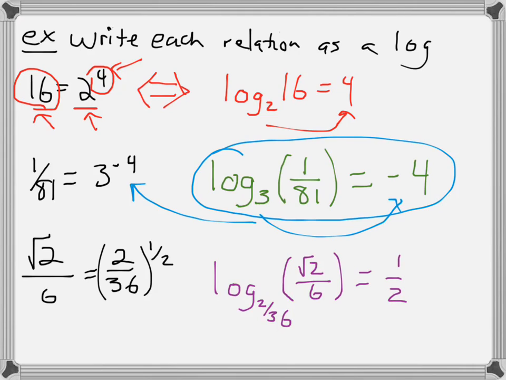Told you that one got tricky, but again, think of what your base is. This is the base of my exponential. It's going to be the base of my logarithm. And we're saying 2 over 36 to what power equals rad 2 over 6?